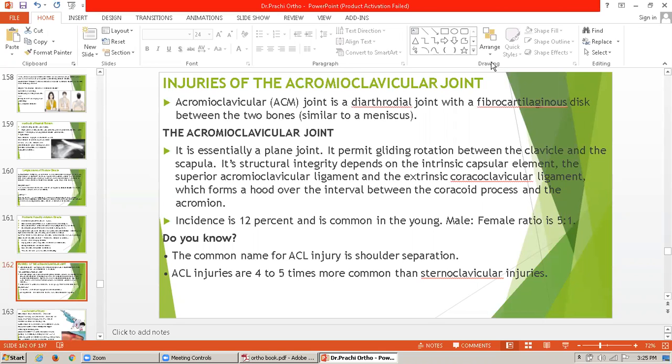Incidence is 12% and it is common in the young, with a male to female ratio of 5 to 1. The common name of acromioclavicular injury is shoulder separation. Acromioclavicular injuries are 4 to 5 times more common than sternoclavicular injury.